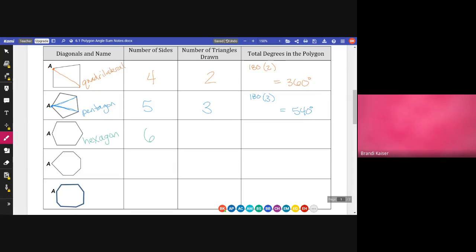If I connect my far left point to opposite points here to create diagonals, I can draw in 1, 2, 3 diagonals. When I draw those 3 diagonals in, I end up creating 4 triangles. So if I take 180 times 4, I should get the total number of degrees in a hexagon, which is 720 degrees.